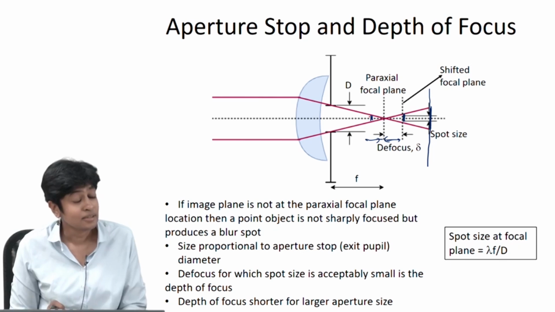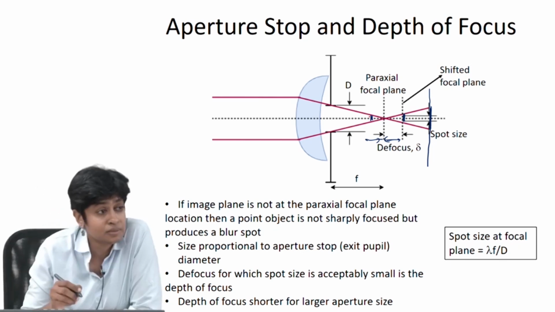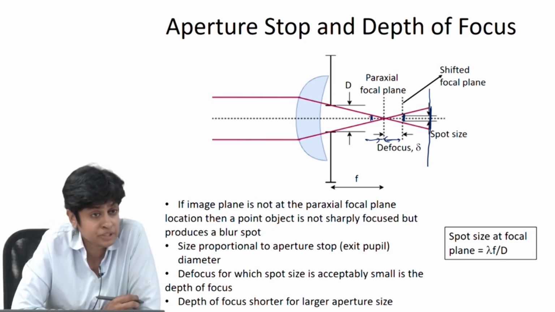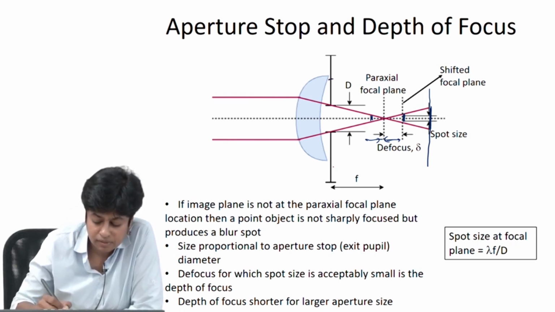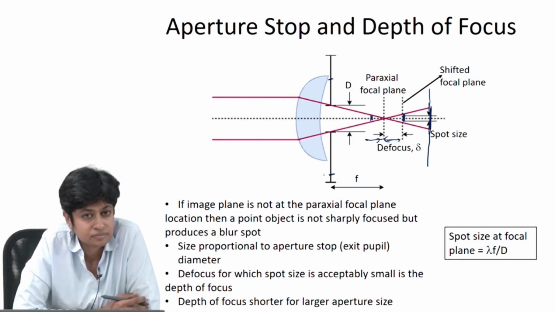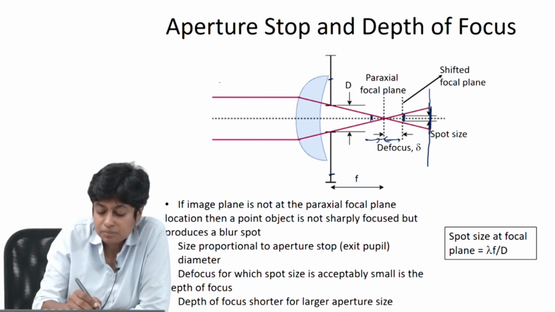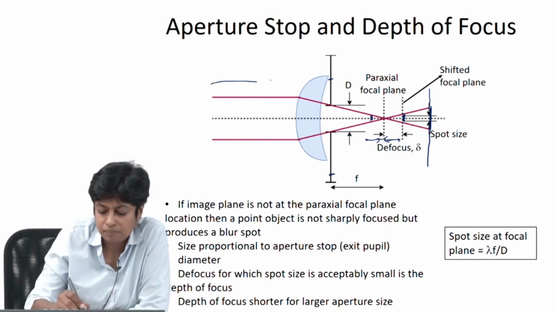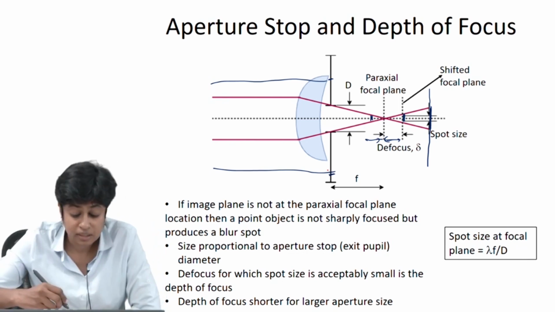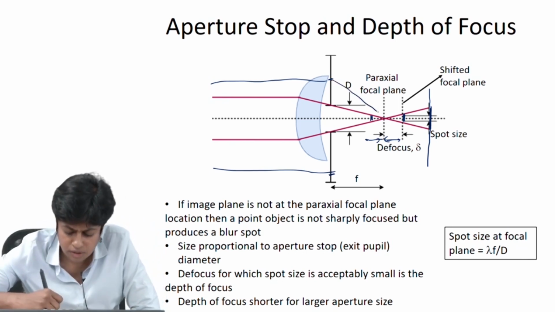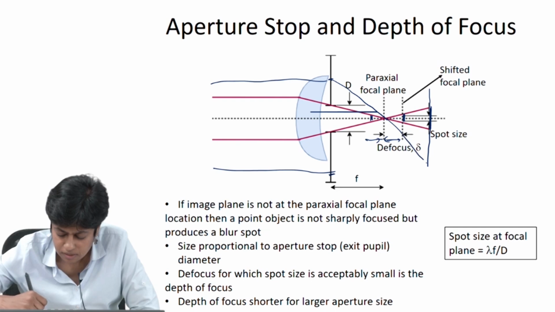I can see that if I changed the aperture stop dimension, let's say the aperture ended here, right? That means this much beam of light is coming in. It's still the same lens, so it's still focusing at the same place.